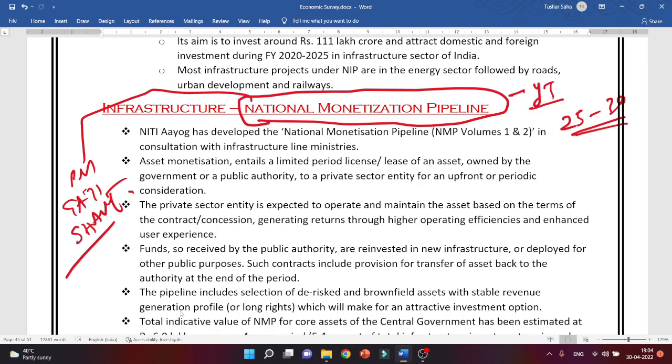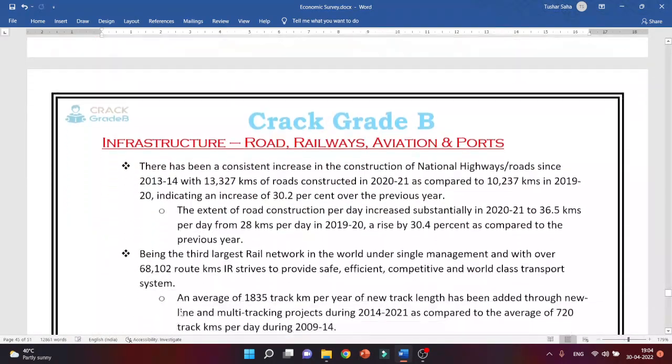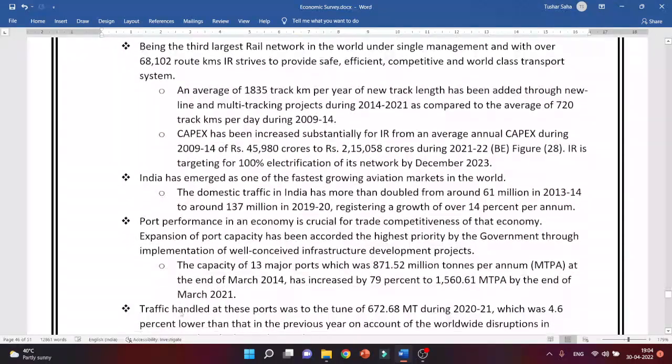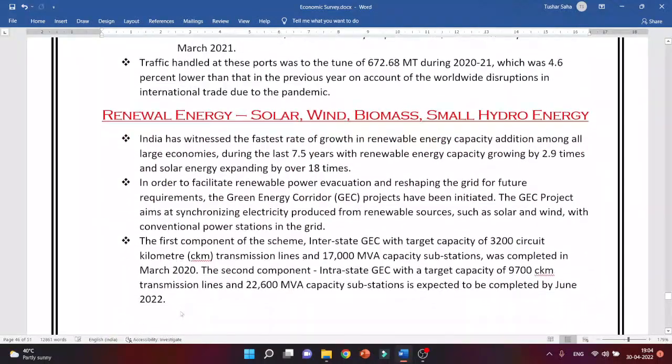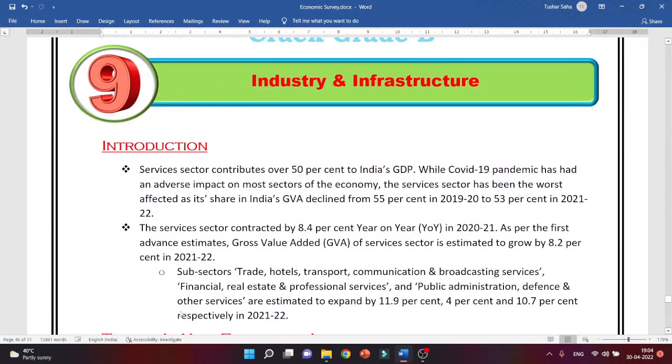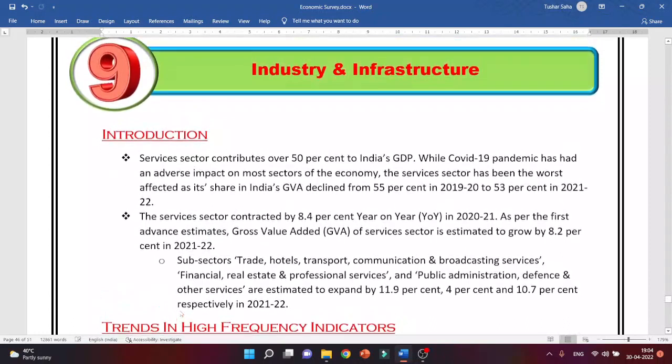None of the videos is, I think, more than 30 minutes. So you can watch both and you will have a very good picture of what both are. Again, infrastructure, road, railways, aviation, ports, these are related to the National Monetization Pipeline and PM Gati Shakti.